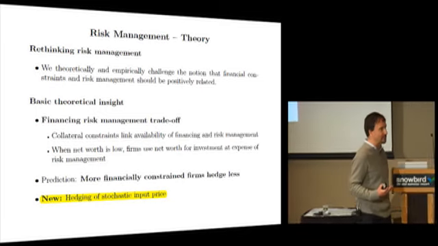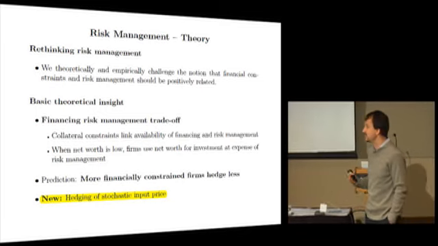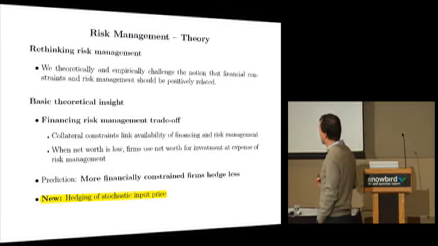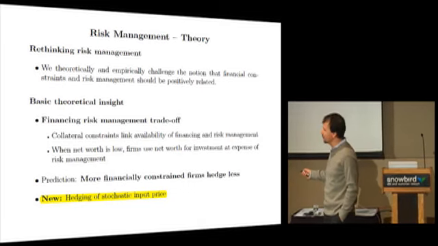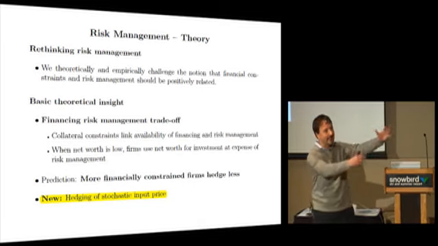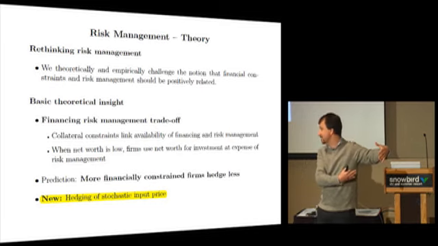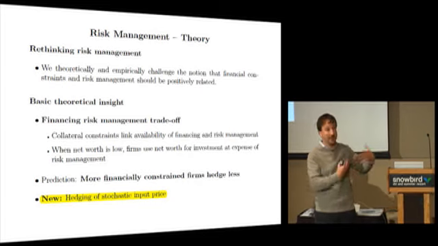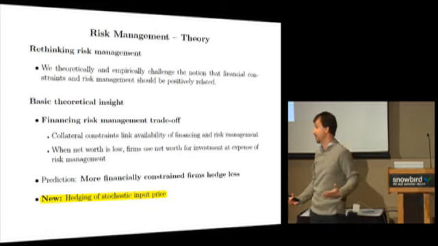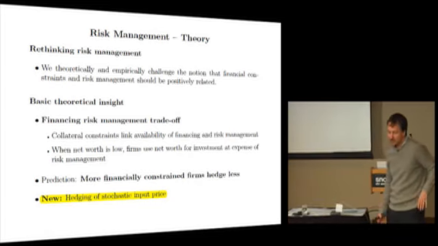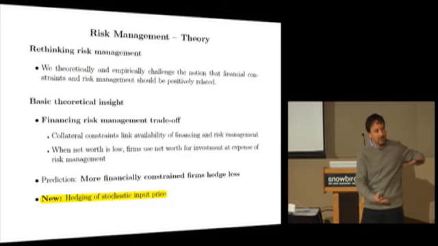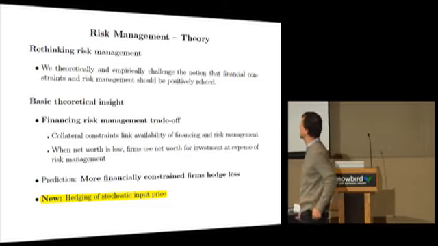Similarly, when you engage in risk management, you issue promises to pay. Now, in a world where there are collateral constraints, these link your ability to make promises to financiers and your ability to make promises to counterparties. So it's the collateral constraints that induce this link between financing and risk management.